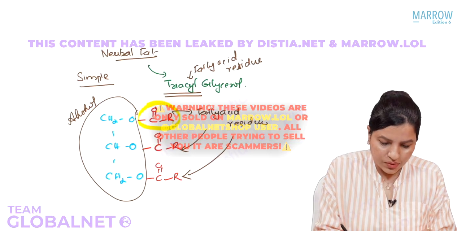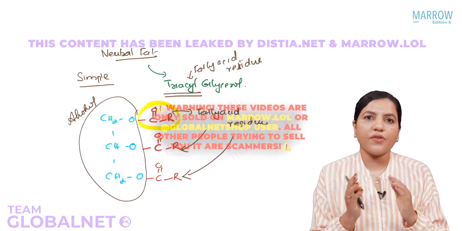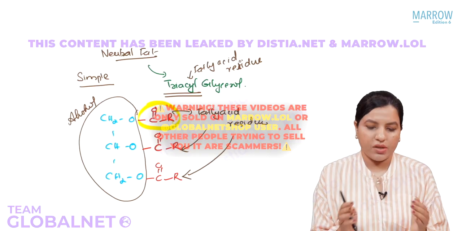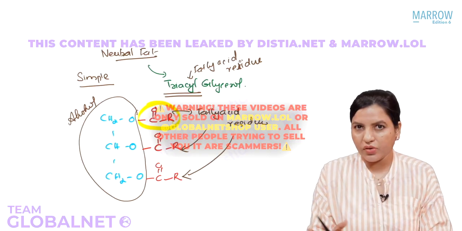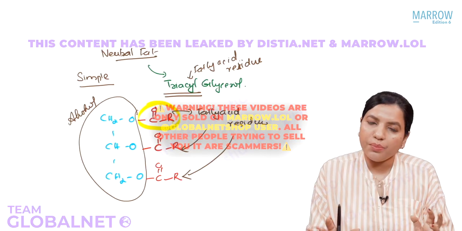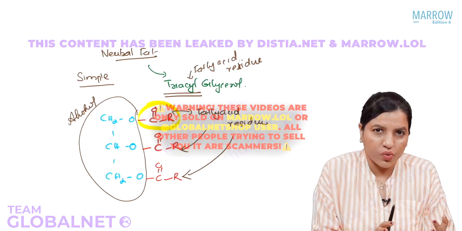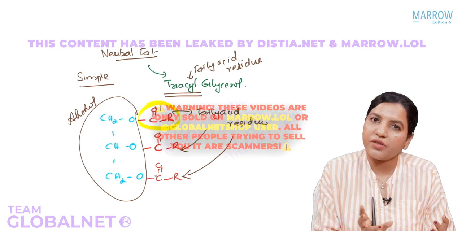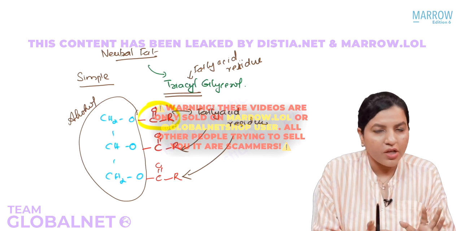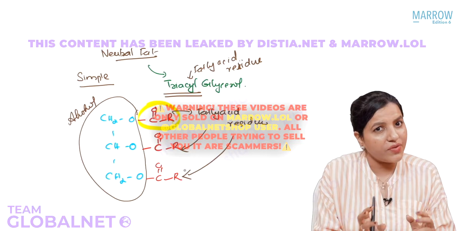So, triacyl is 3 fatty acids combining with glycerol. It is a fat, it is a simple lipid. Now, if I am writing glycerol, is it a simple lipid? No, it is a derived lipid. If I am writing fatty acid, is it a simple lipid? No, fatty acid is a derived lipid.